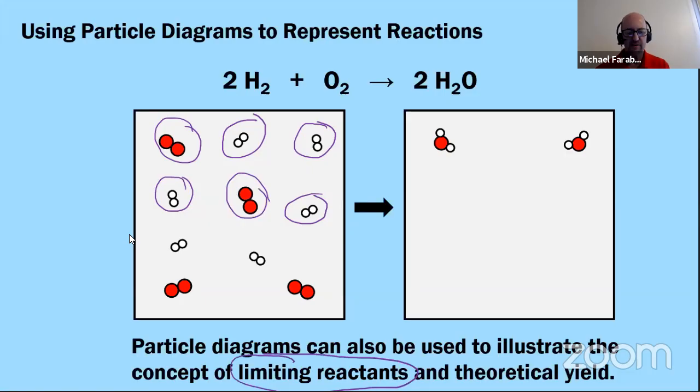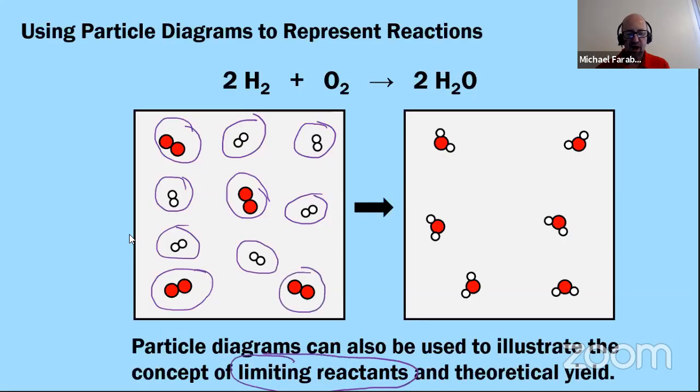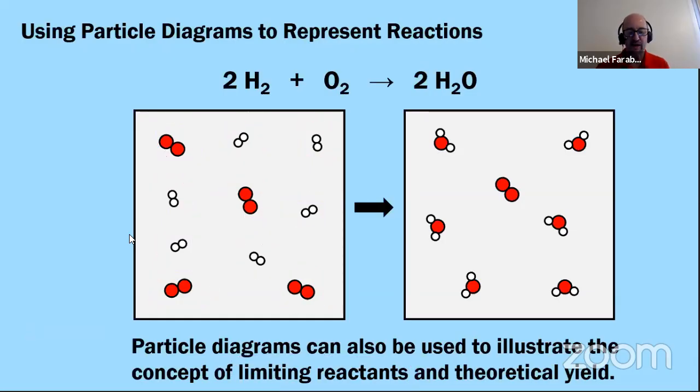That would make another 2 molecules of water. So as you can see, we're actually going to run out of hydrogen. I've got another 2 molecules of hydrogen, 1 molecule of oxygen. I've got 2 more waters, but this particular oxygen is now left over. So you could use particle diagrams to indicate the ratio and what might be considered leftover, excess, at the end of a reaction.